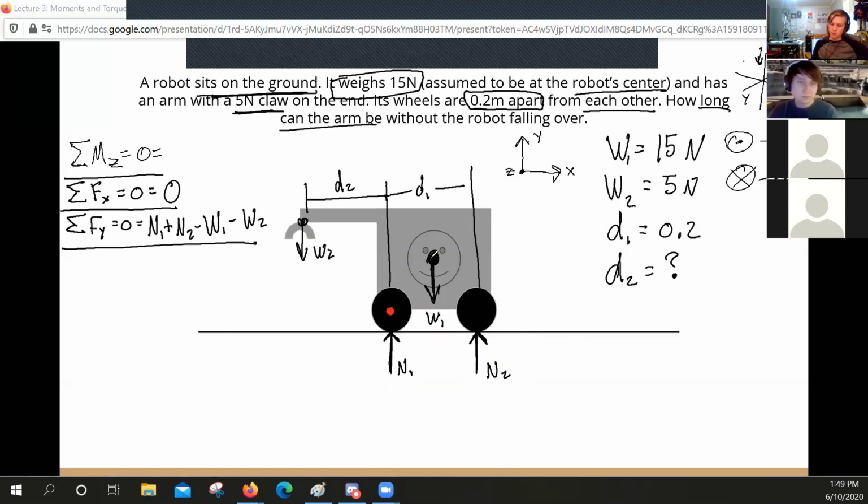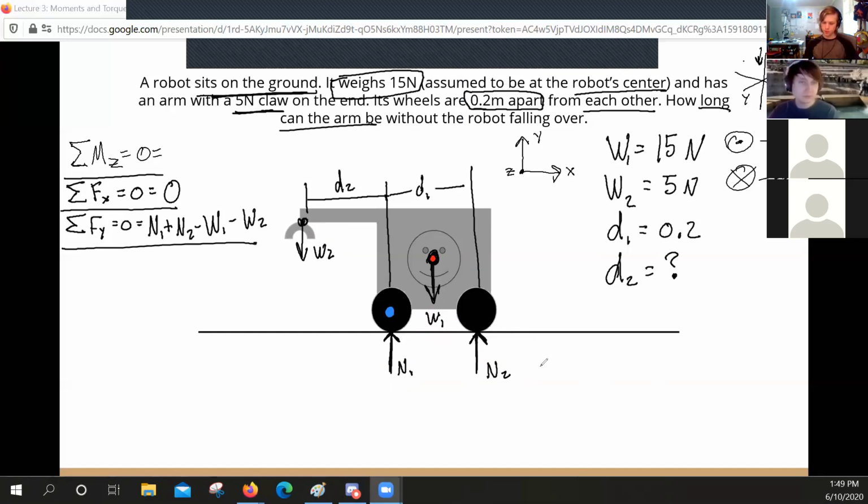So what would happen if I put the pivot here when I tried to write the moment equation? In fact, we're going to say red is a bad pivot and blue is a good pivot. You would be putting the force directly on the pivot, so it would equal 0. Exactly.